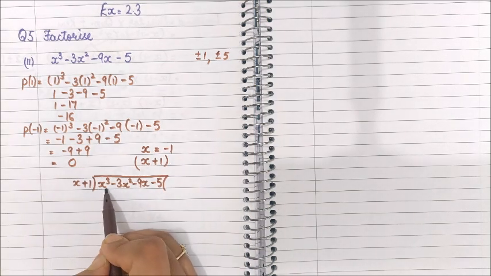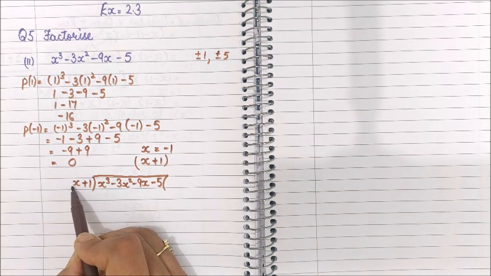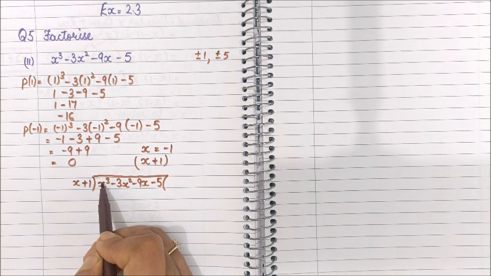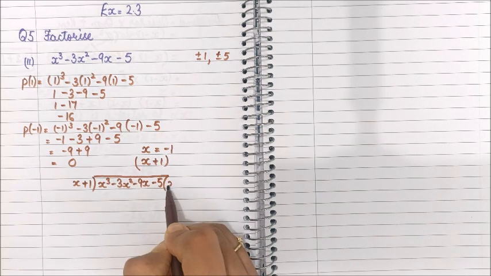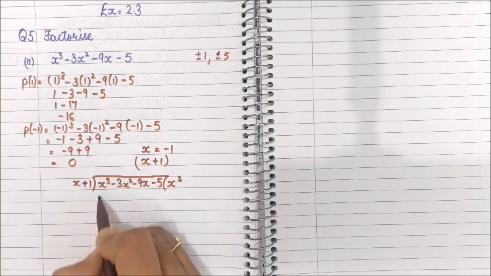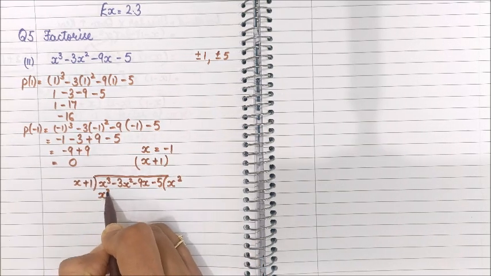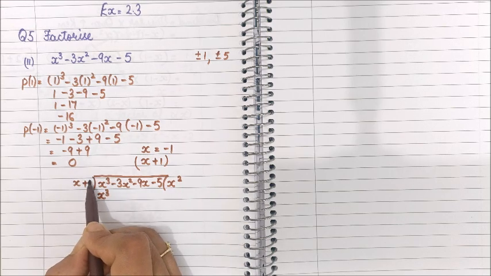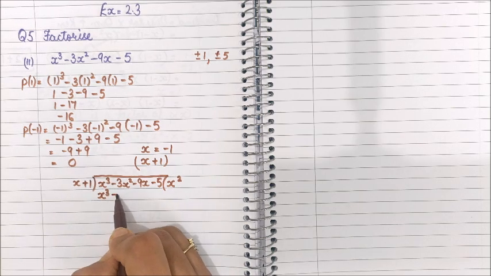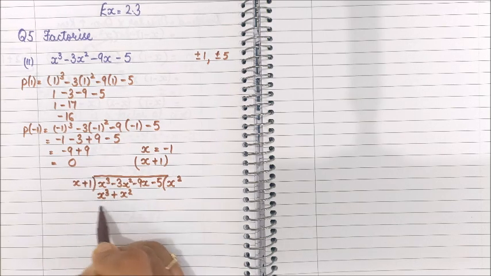I have to multiply x with such a term so that it makes x cube, so I multiply it with x square. This gives me x cube. Now x square is also multiplied with plus 1, so this will be plus x square.